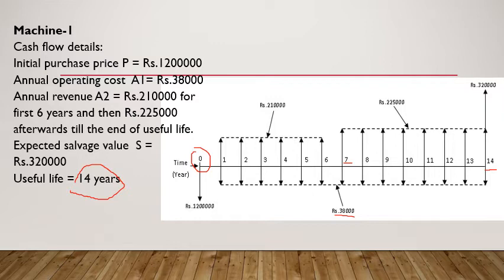And the last one, the salvage value, will obviously come at the end, that is at t equal to 14. Indicate that as 3 lakh 28,000, and since it's salvage value it is also positive money. So the cash flow diagram is ready.